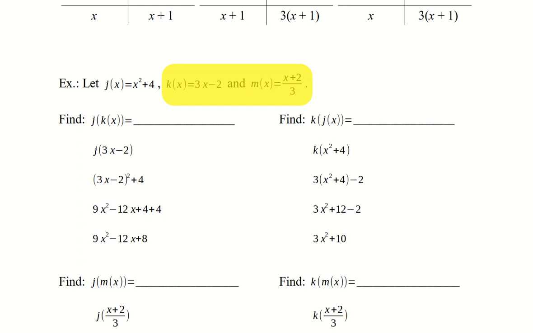So k says to take the input, multiply it by 3, and then subtract 2. M says to take the input, add 2, and then divide by 3. Boy, that should sound very familiar to us. That's exactly how we solve an equation. We undo what was done to the input.